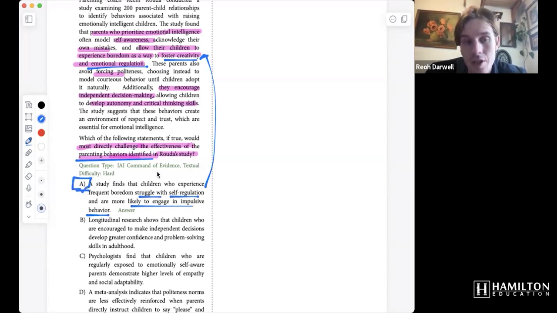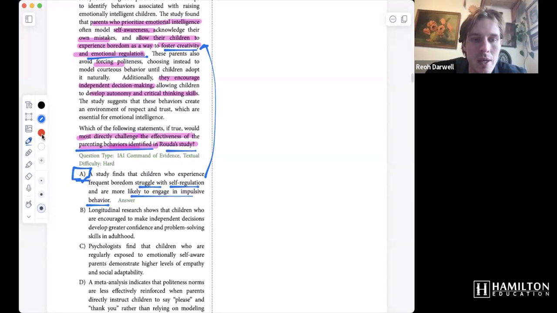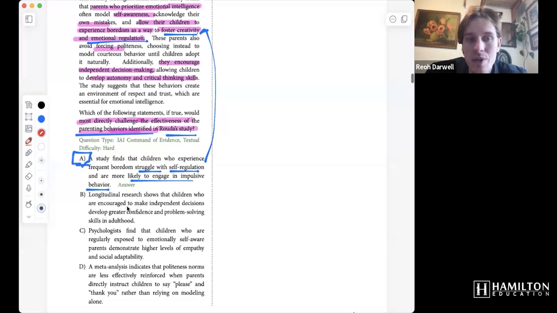We have an issue in terms of undermining her study. Okay, B would support her study. So if you chose B, you probably just didn't read the question well enough, right? B would support her study. Yeah, look how much better you are if you're given independent decisions.